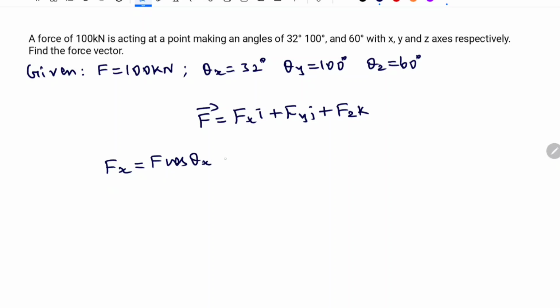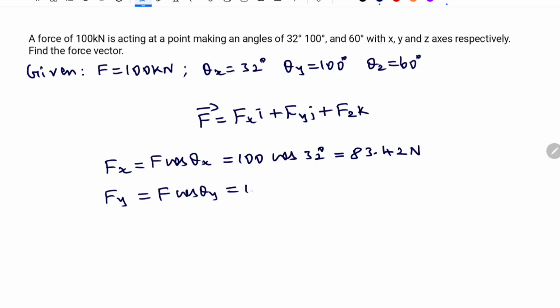So I'm going to substitute the values. F is 100 and delta x is 32 degree. So the answer is 83.42 kilonewton.